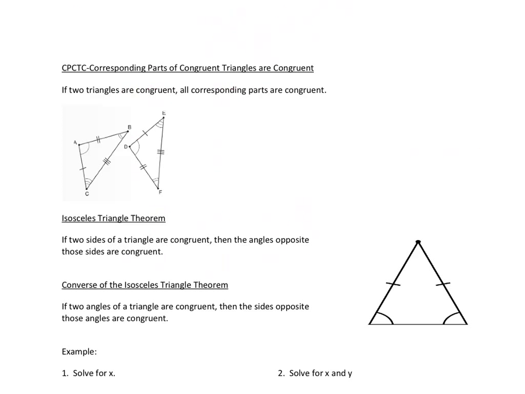And then we have something we're going to use a lot as we move on here. It's called CPCTC, and it stands for corresponding parts of congruent triangles are congruent. And if you notice, there's the C, the P, the C, the T, and the C. That's where we get CPCTC.